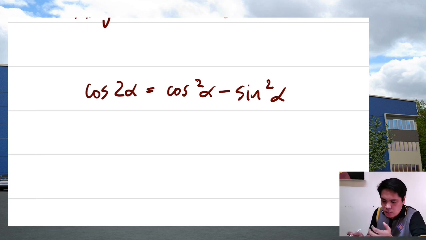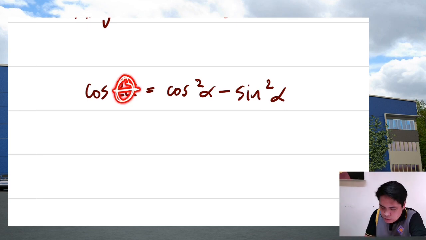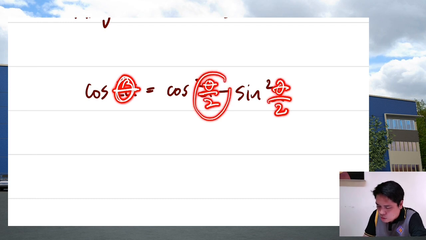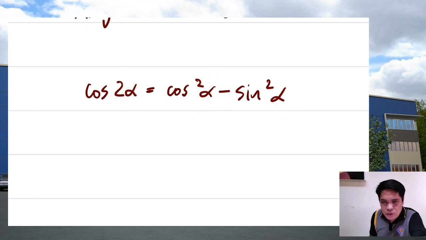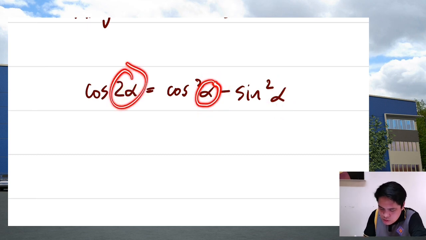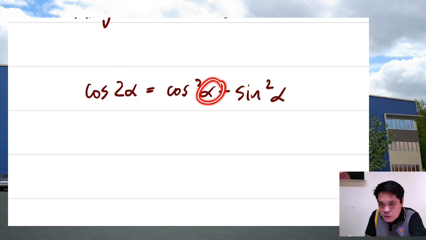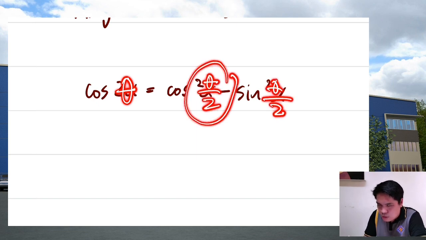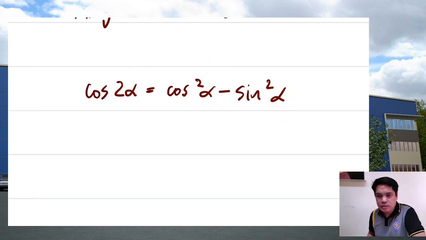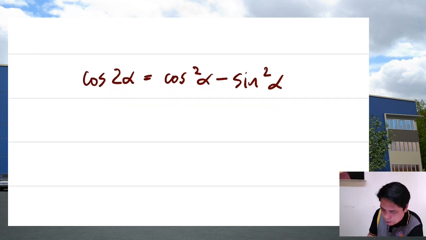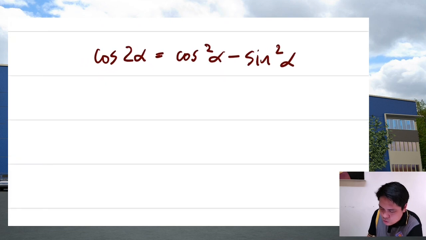So kung ibalik na rin natin, gawin natin tong theta, that means ito is theta over 2. Diba? Because the double of theta over 2 is theta. Nakuha nyo? The double of alpha is 2 alpha. Now, if this is theta, then this should be theta over 2 because the double of theta over 2 is theta. Okay? Pero mamaya.